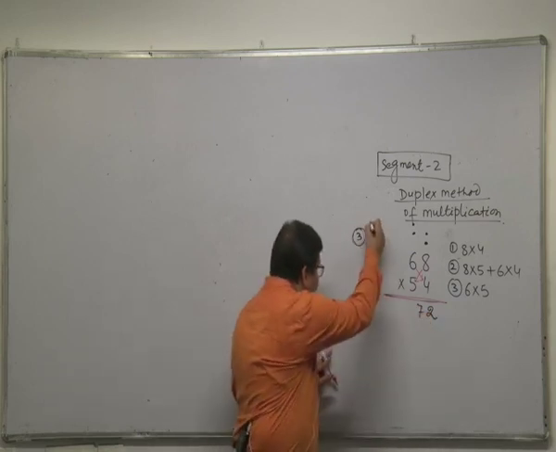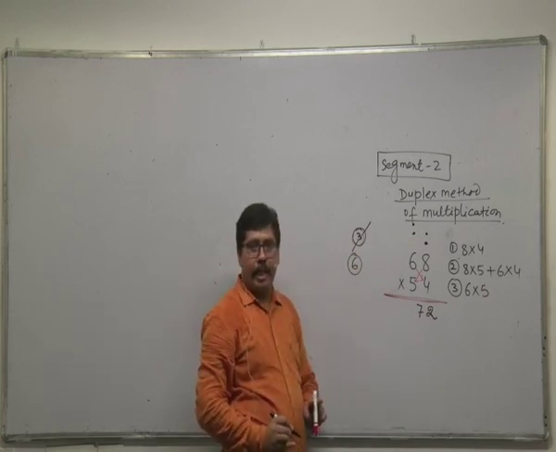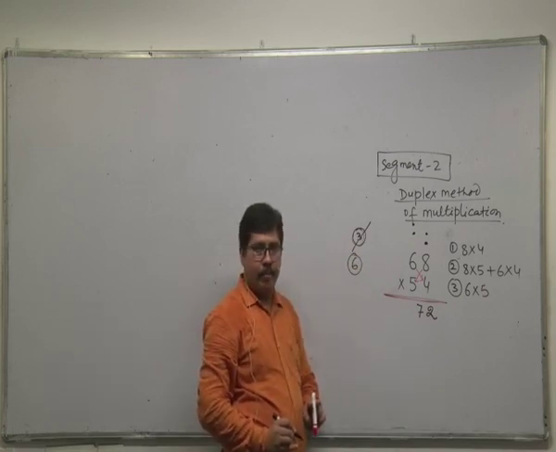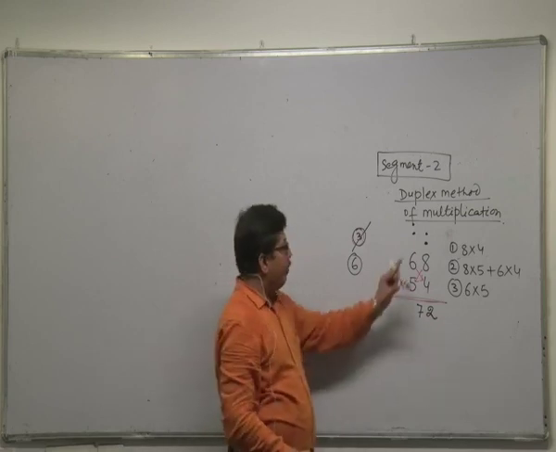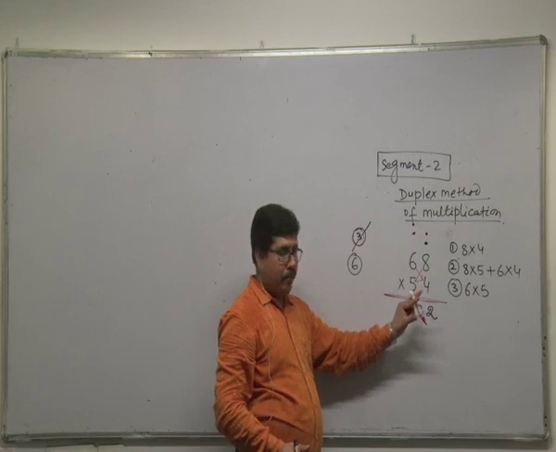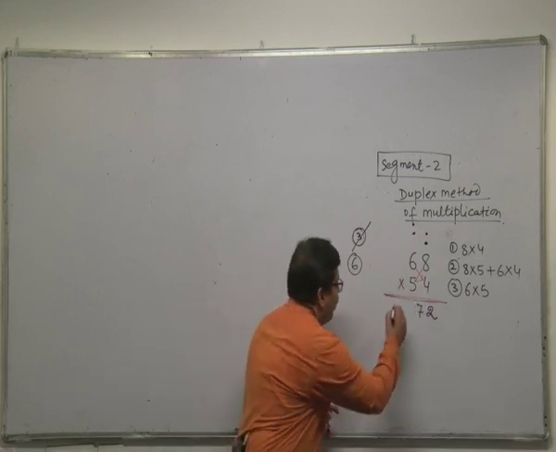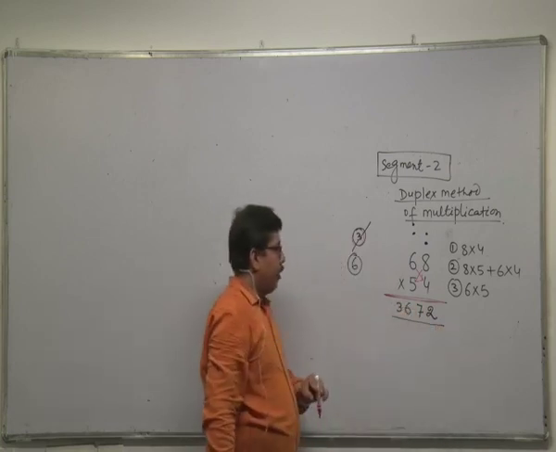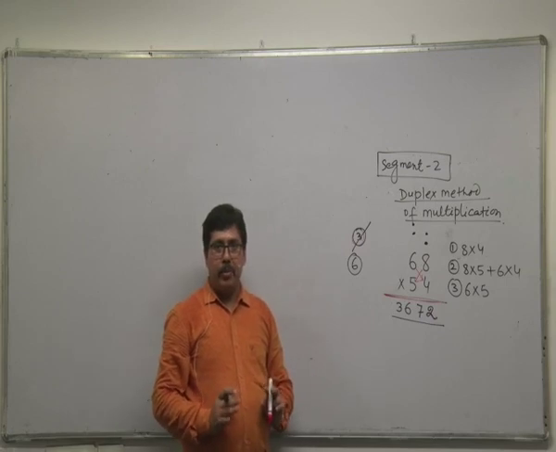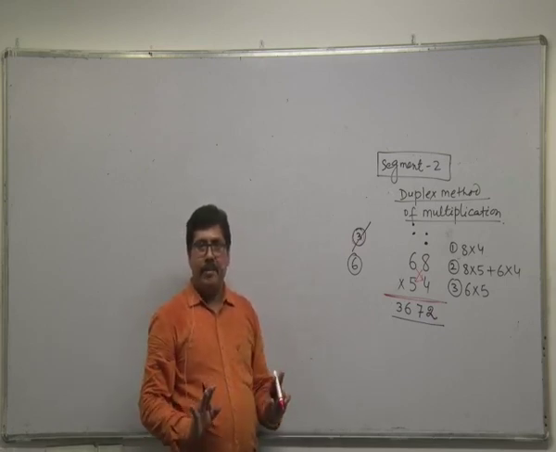Now what is your next carryover? 6. The next carryover is 6. Now the last step, or step number 3, is the multiplication of 6 and 5. So 6 into 5 is 30, and 6 is the carryover. So 30 plus 6 is 36. So it is 3672. 3672 is my final answer.